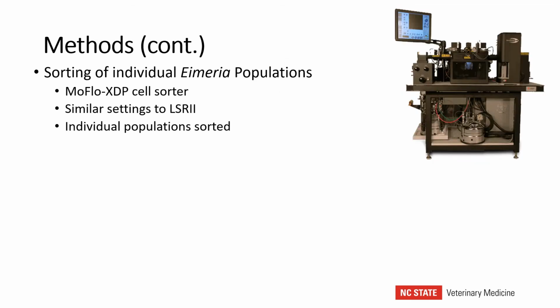To validate the presence of each Eimeria species within each of the designated gates, populations were sorted using a MoFlo XDP cell sorter. The optimization of the MoFlo settings was done in a similar way as we did for the LSR2. Individual Eimeria species were then gated and subsequently collected in separate tubes.